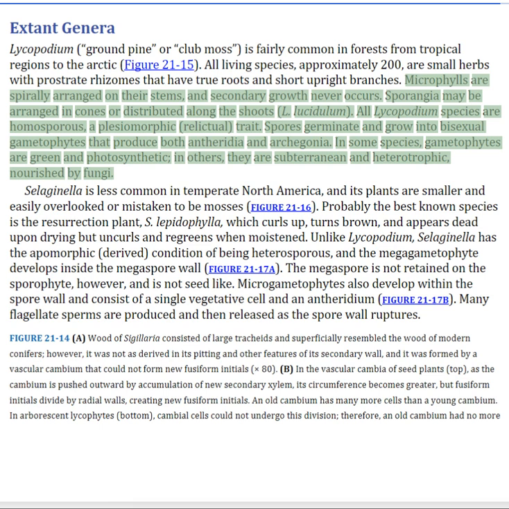Sporangia may be arranged in cones or distributed along the shoots. All Lycopodium species are homosporous, a plesiomorphic trait. Spores germinate and grow into bisexual gametophytes that produce both antheridia and archegonia. In some species, gametophytes are green and photosynthetic; in others, they are subterranean and heterotrophic, nourished by fungi.